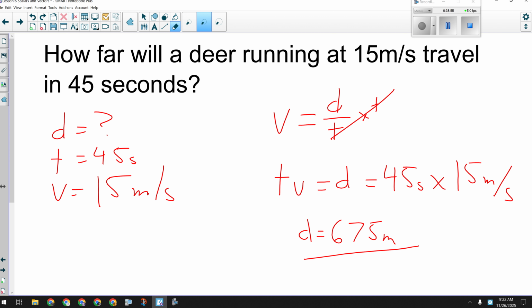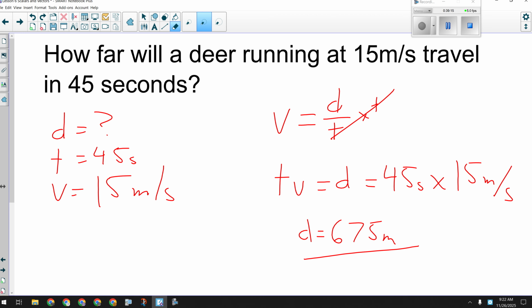And to give you an idea, the Olympic world record for the 400 meter for people is 42 seconds. Okay, a deer is quite a bit faster than we are.